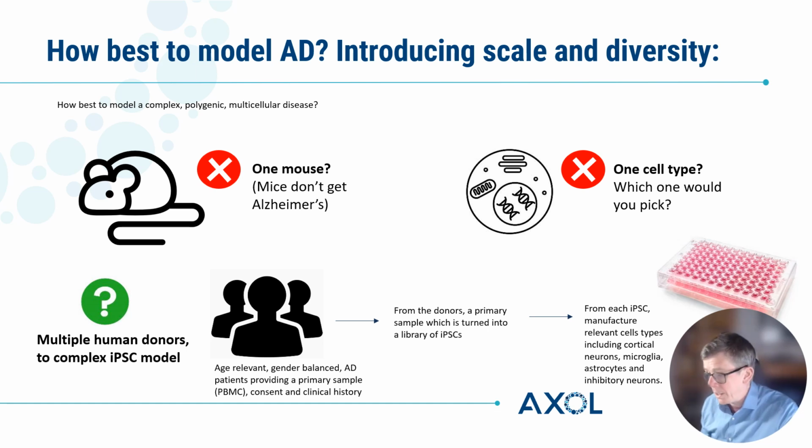So what we and many others are thinking about is embracing complexity, getting multiple people turned into stem cells, turned into neurons. Ultimately you get a probably very expensive cell culture dish which has dozens of patients in it, in a co-culture model. By embracing gender balance and age-relevant patients, you can build up a complex cell culture model system to really understand the diversity of AD.